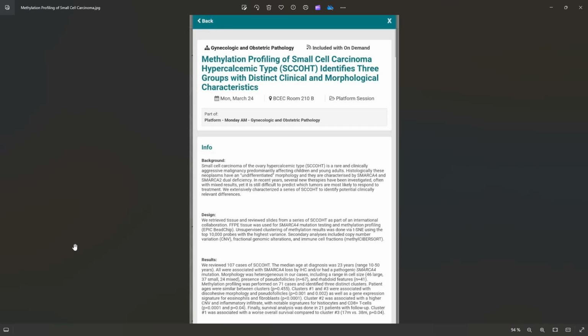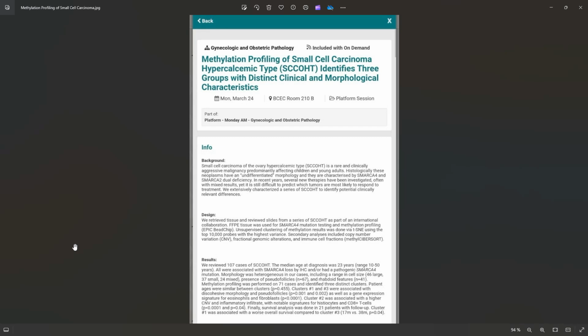They have different gene expressions, also a slightly different morphology, and it shows us that this is, according to epigenetic features, a heterogeneous group of neoplasms, and this research might have an impact on the treatment options for the patient. For example, one of these three clusters has a larger amount of immune cells, and it might help for some treatment options.